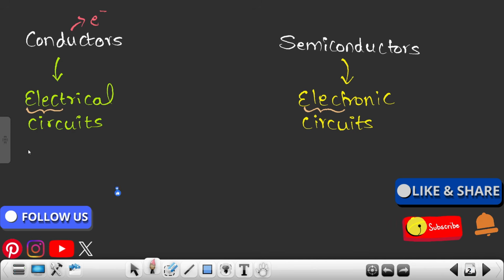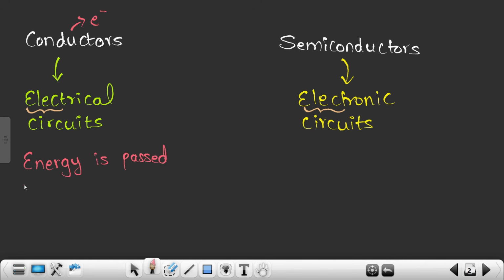So when it comes to electrical circuits, energy is passed only because of electrons.